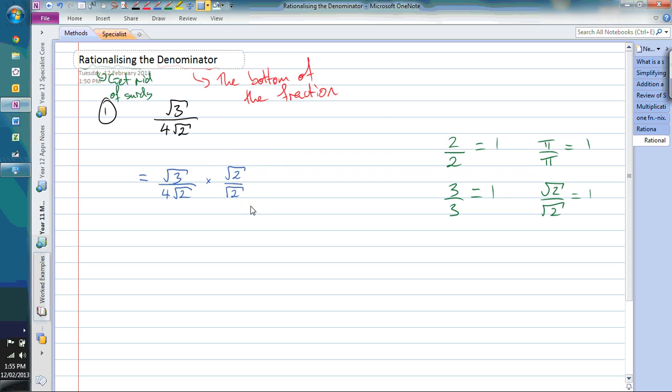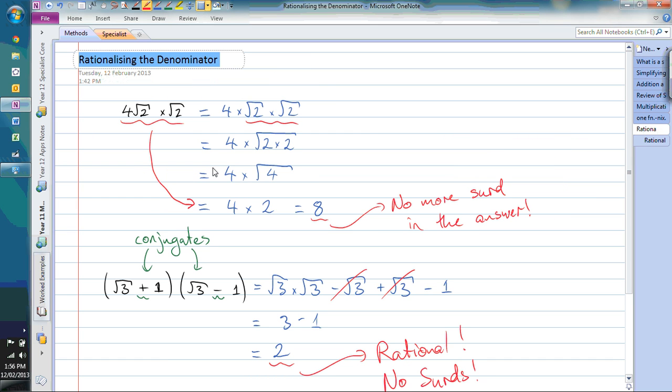The second thing that's going on, and the second reason I'm doing this, is that if we remember how to multiply fractions, the rule is you multiply along the numerator, so we're going to do square root of 3 times square root of 2, and you multiply along the denominator. And we know that if we were to multiply along the denominator like this, from our previous question, the result is going to be rational.